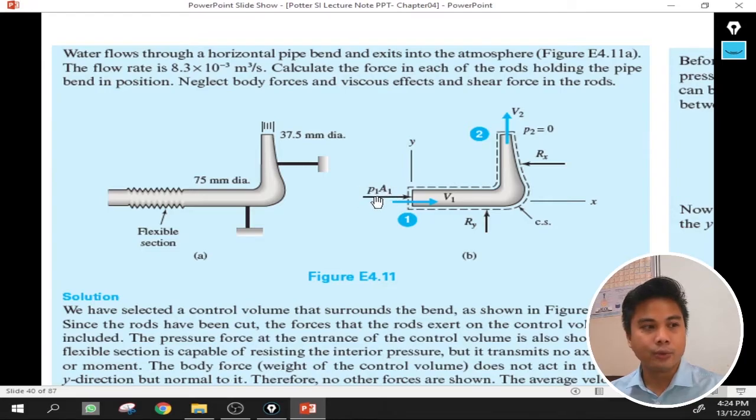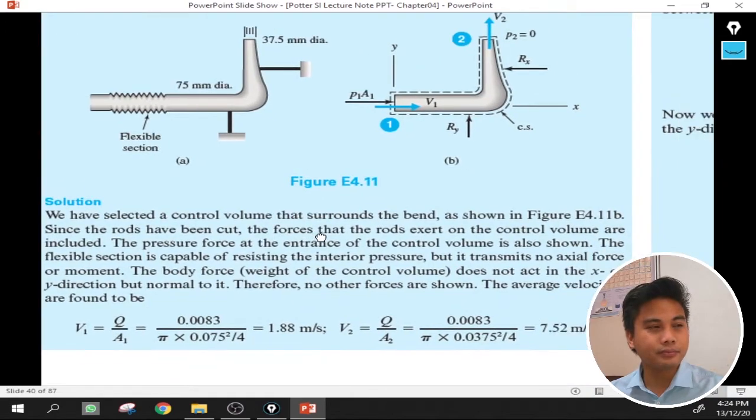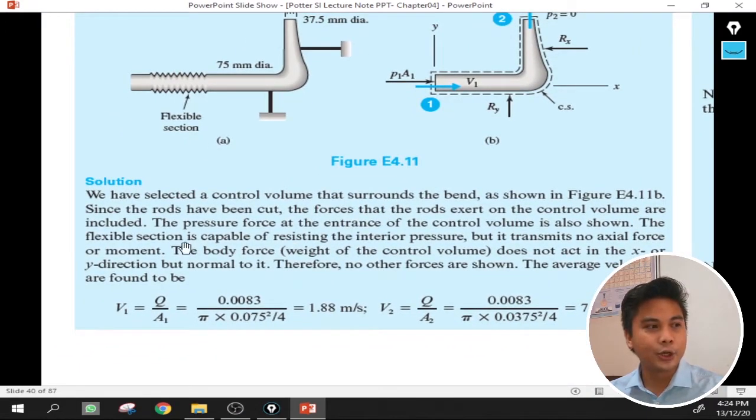P1 we refer to as the pressure at 1. The solution here is we need to select the control volume. Since the rod has been cut, the force that the rod exerts on the control volume is included.